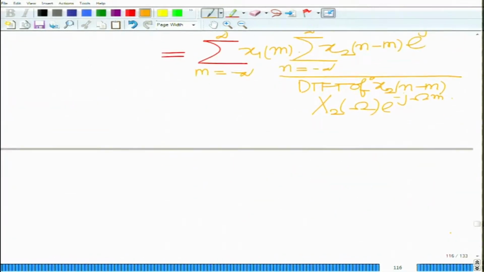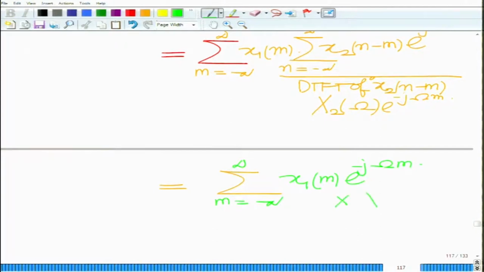So, that basically gives me the summation m equals minus infinity to infinity of x1[m] e raised to minus j omega m times X2(omega).